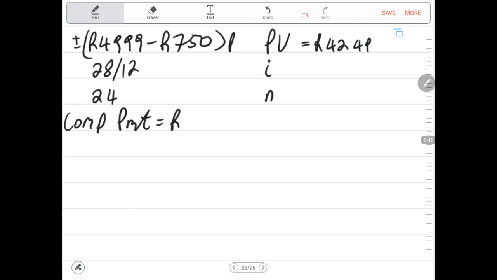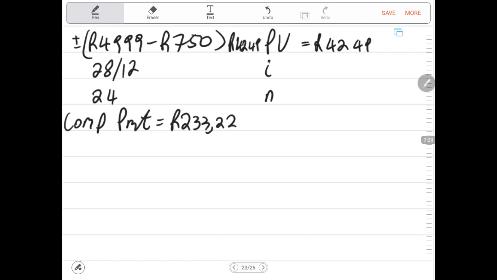If you want, you can just say here 4,249 PV. Then 24 is our N. 28 divided by 12 is our interest. Compute PMT. Now we get 233 rand 22 cents.